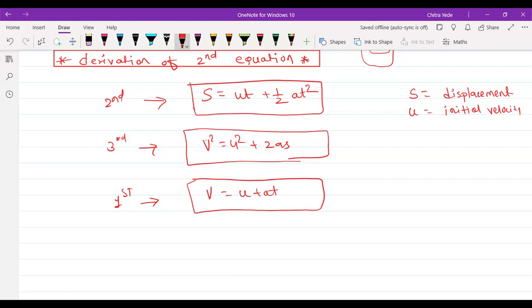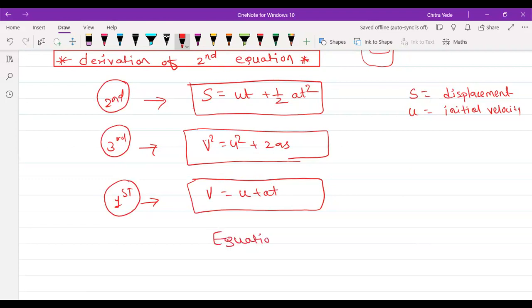Yes, sir, we have numericals based on these in our textbook. That's why these formulas become very important. They are the equations of motion.